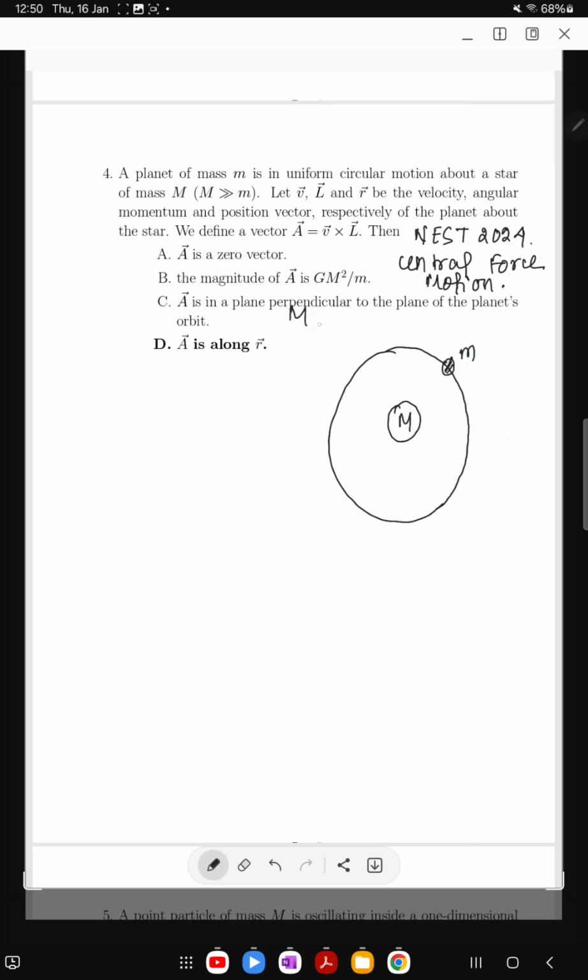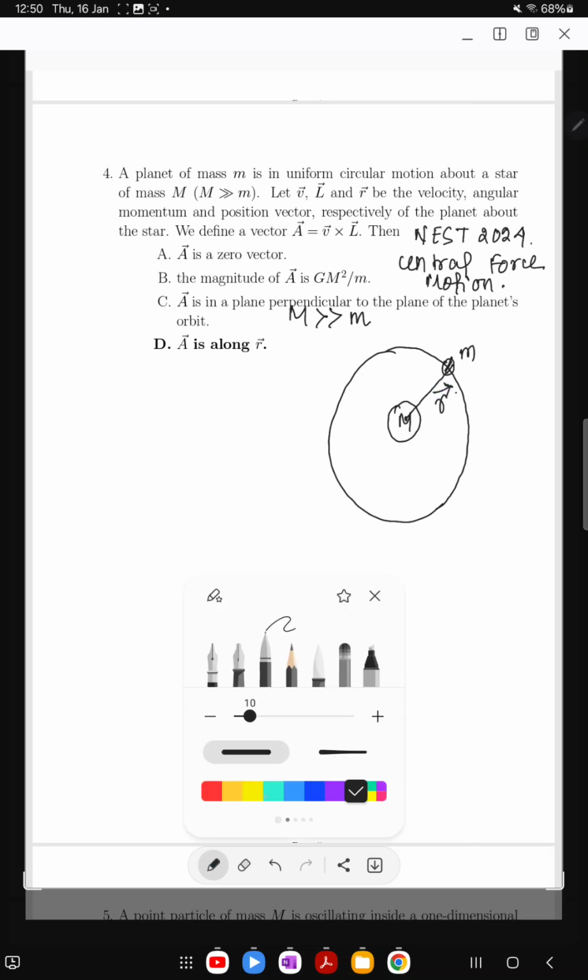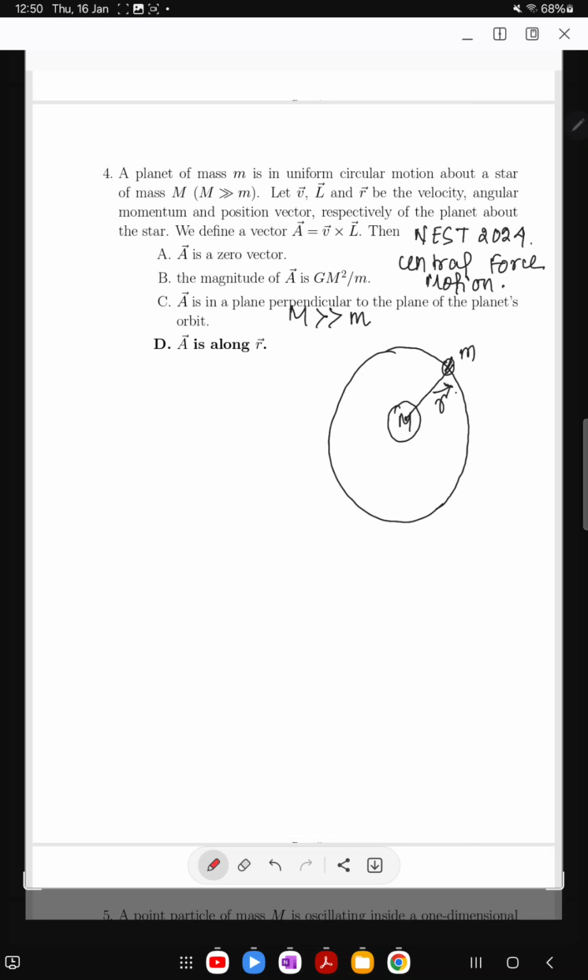It is given that capital M is very large compared to small m, so the mass of the star is larger than the mass of the planet. Let V, L and R be the velocity, angular momentum and position vector. R is the position vector, that is the line joining the mass capital M and small m.